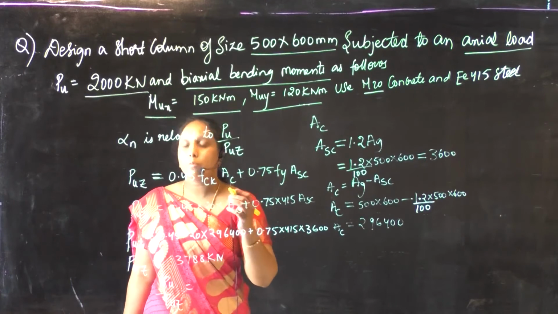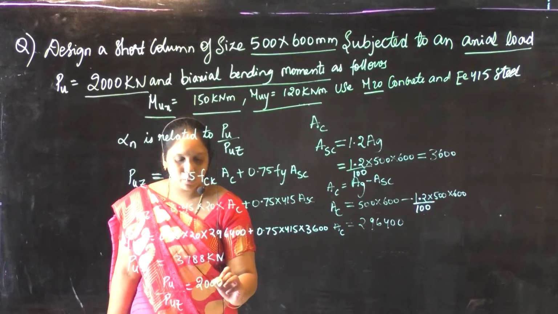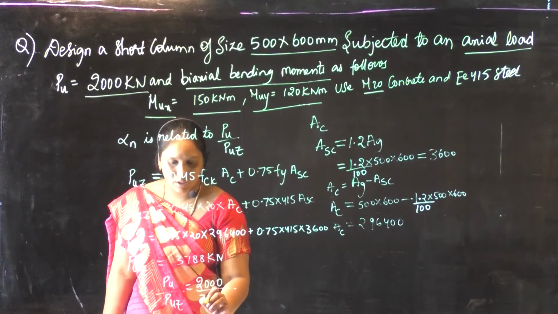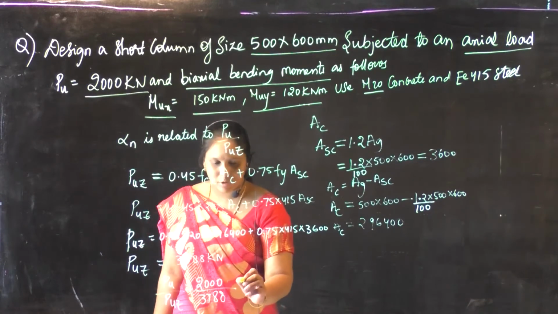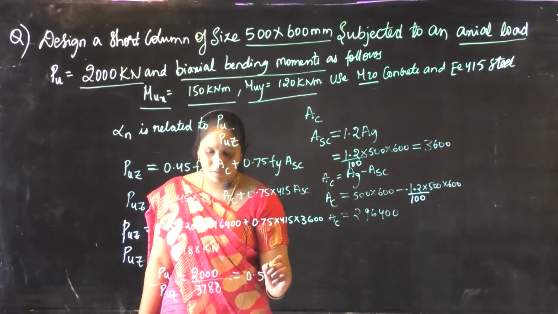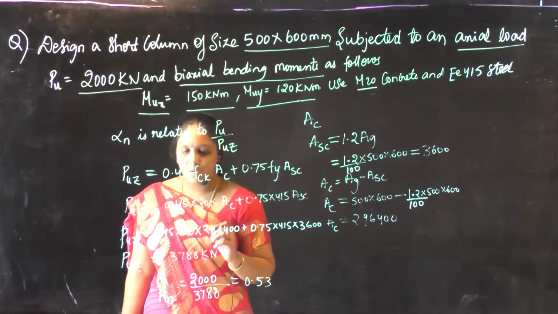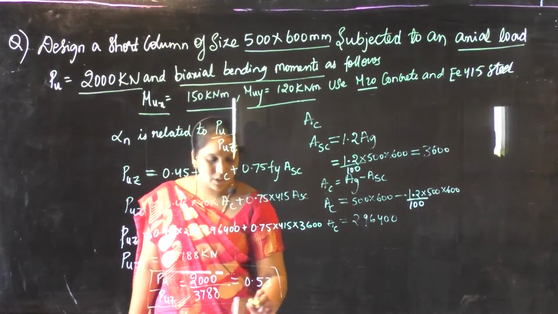So how much is PU? PU is 2000 kilonewtons divided by PUZ, which is 3788 kilonewton. If you solve this, you will get a value of 0.53. So this will be your PU by PUZ value.